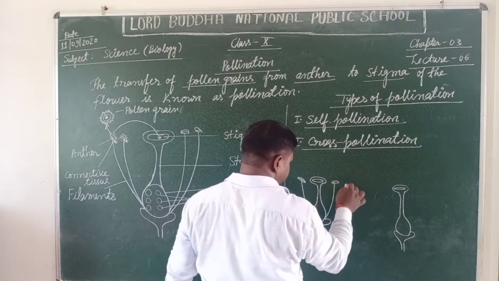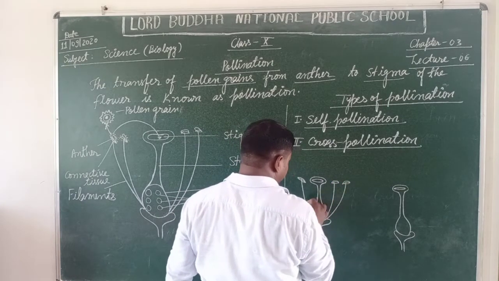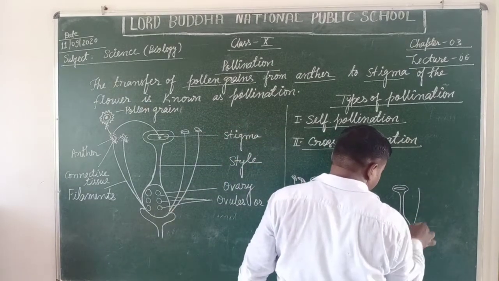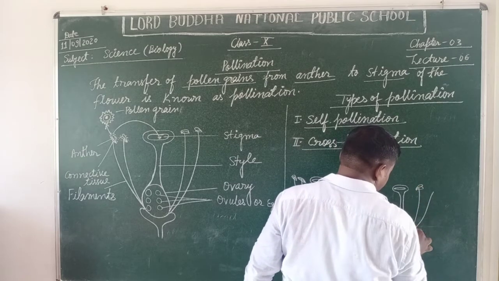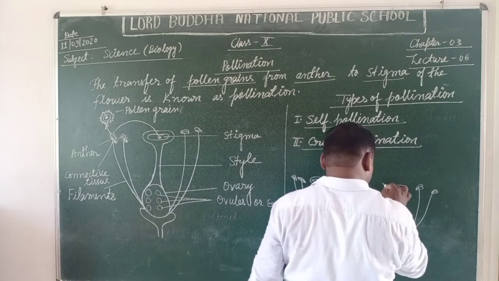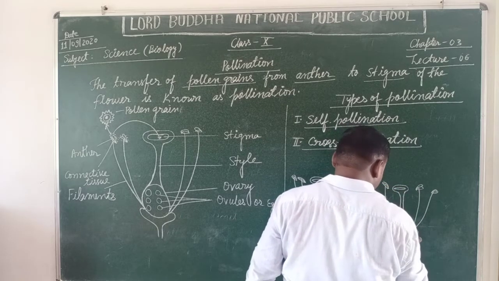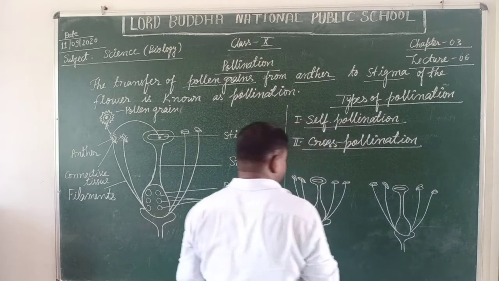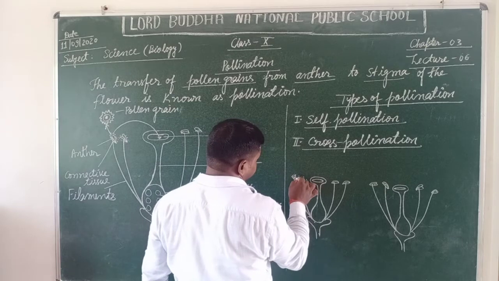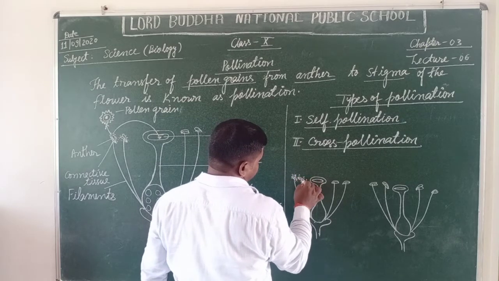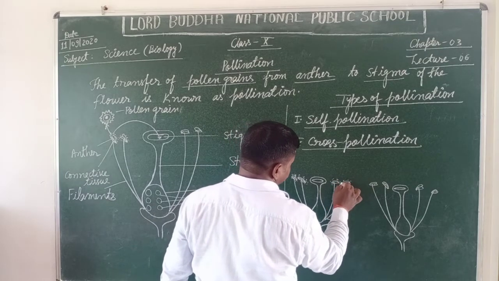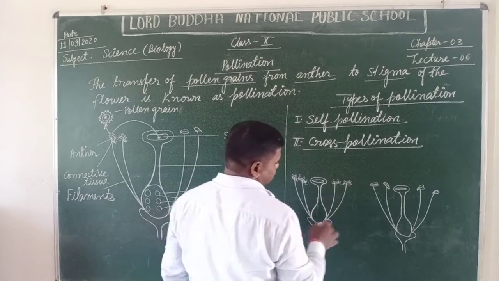The stamens, now students, on maturity of the anther, from the pollen chambers the dispersal of the pollen grains will start.